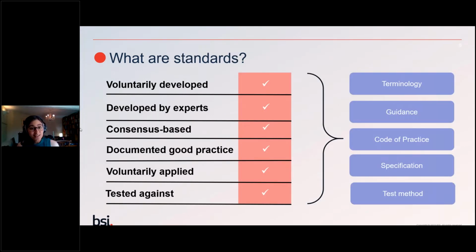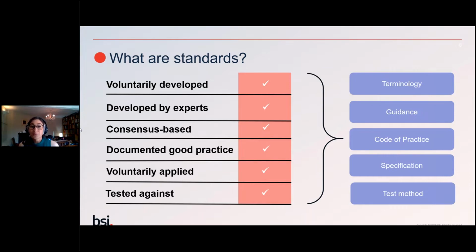So what makes a standard? There are different categories of standards, such as terminology, guidance, or in the case of the natural capital accounting standard, specification. And the type of standards created depends on the needs of the subject area and user group, but generally, all standards are developed by experts on a voluntary basis, are written by the people that use them, are developed using a consensus-based approach, and comments from all stakeholders are taken into account.